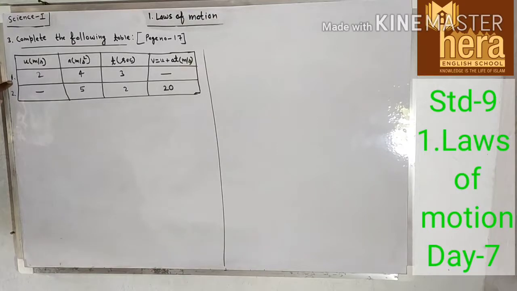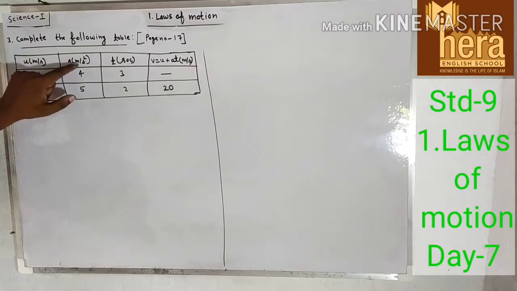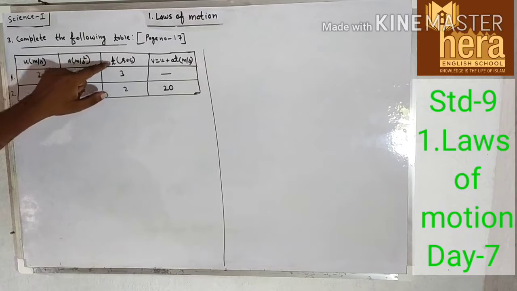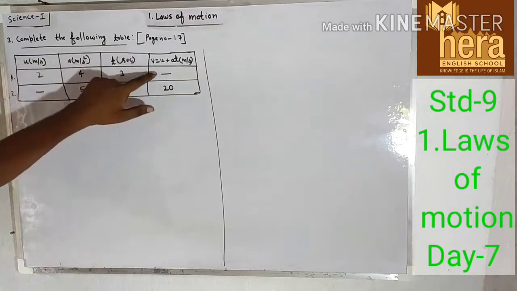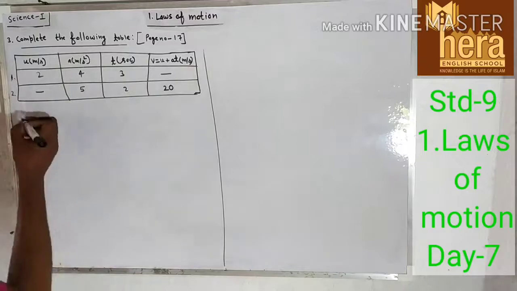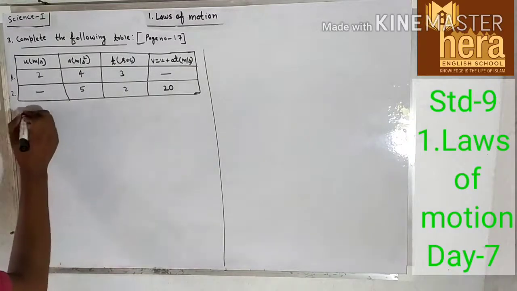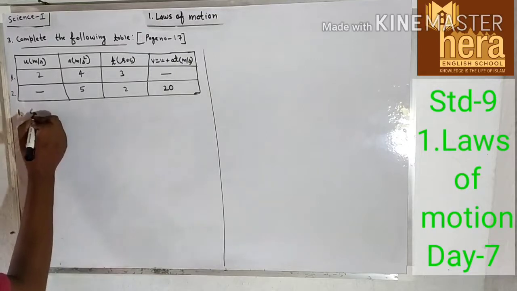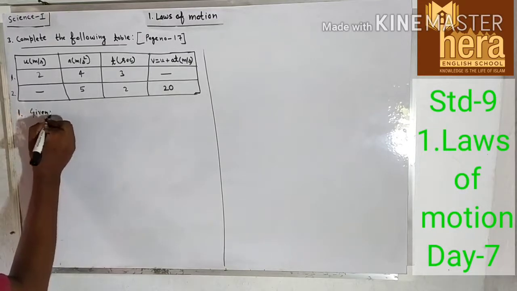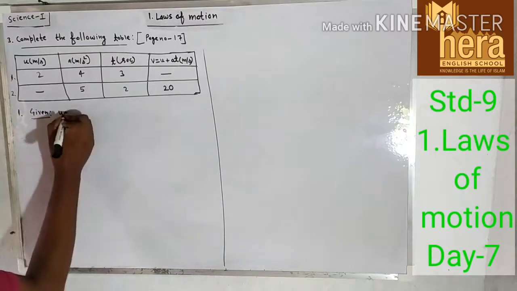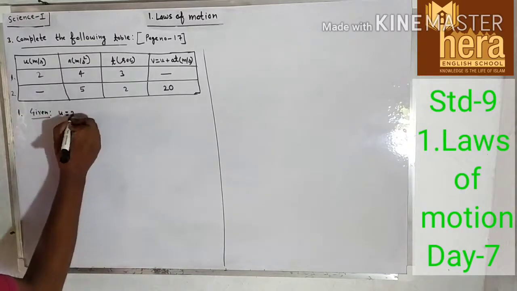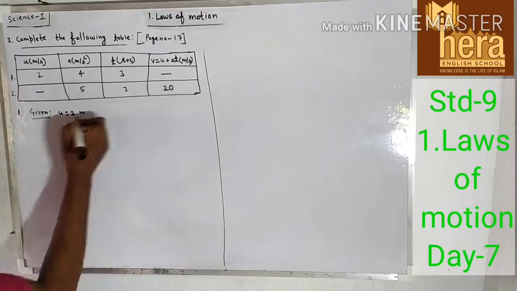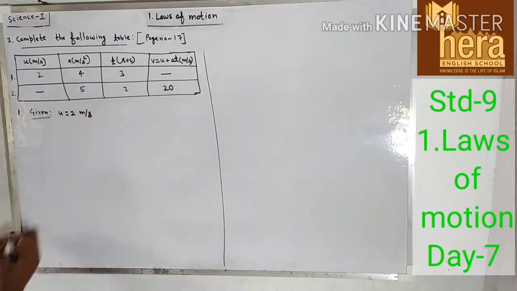First, question number 1: U is equal to 2 meter per second, A is equal to 4 meter per second square, T is equal to 3 second. We have to find V. Okay, so right here, given, solution of question number 1. Given: U is equal to 2, write its unit, meter per second.